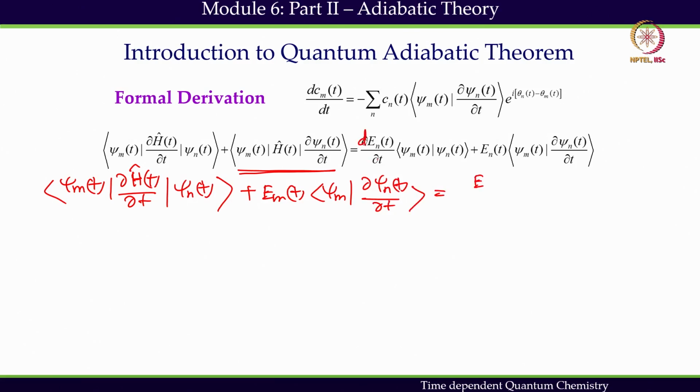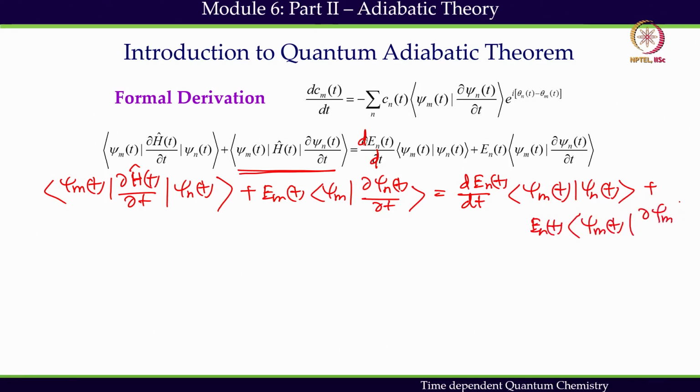This is the total derivative. This is then psi m(t) psi n(t) plus E_n(t), this is going to be the n partial derivative.